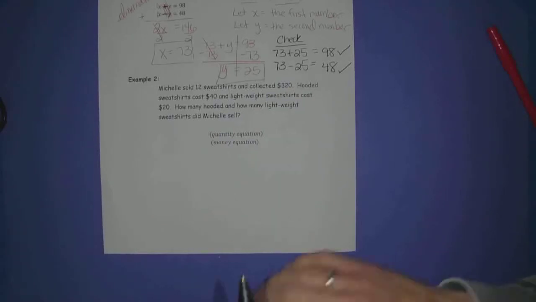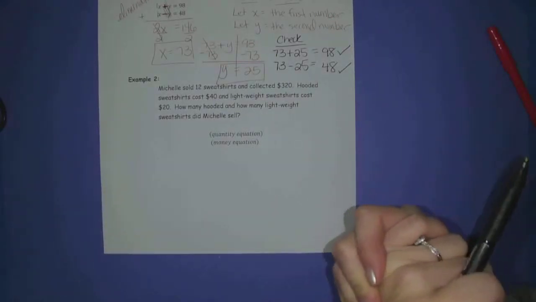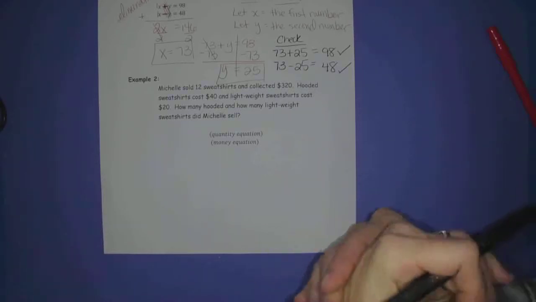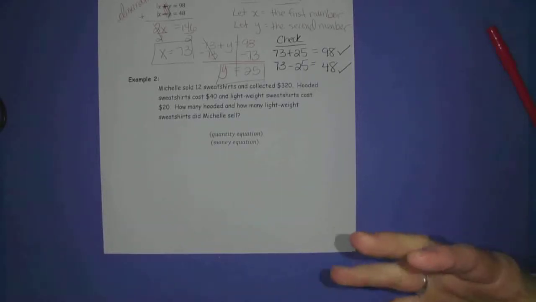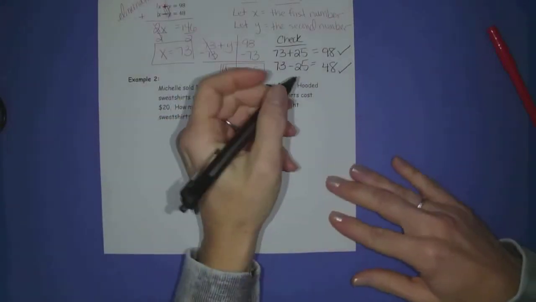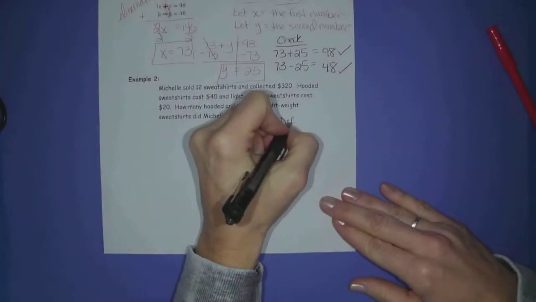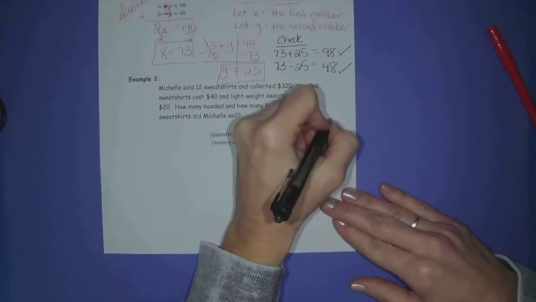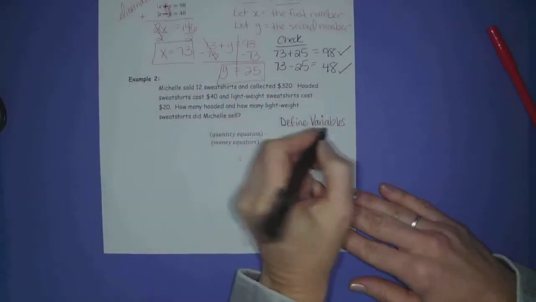Okay, so you read it. If you need to read it a couple more times, please feel free. Sometimes the more you read something out loud or to yourself, the more it sinks in what they're really asking. But once you do that, you have to start by defining your variables. What are we trying to find?